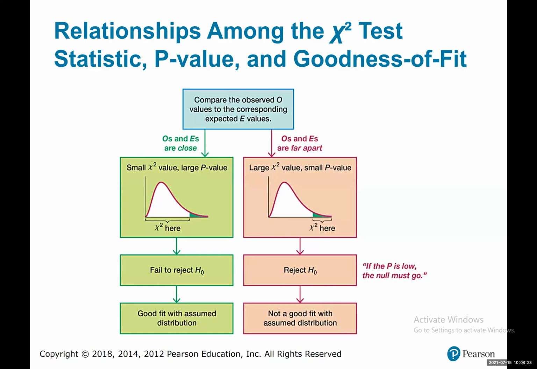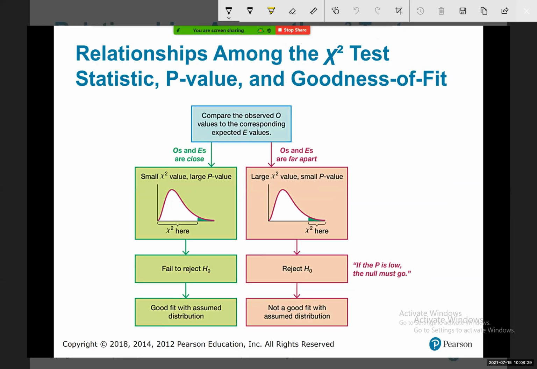The test statistic, instead of the t and z that you had in the past, is chi-square. Large chi-square is associated with a small p-value.